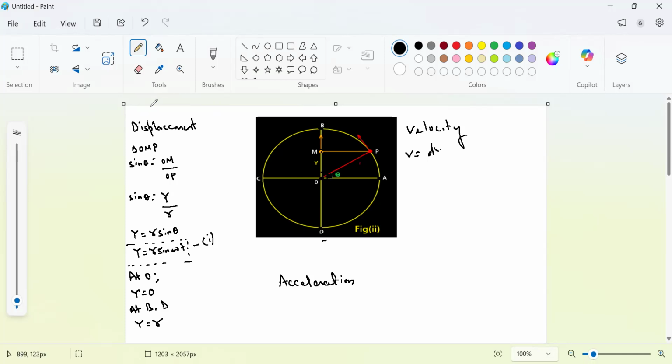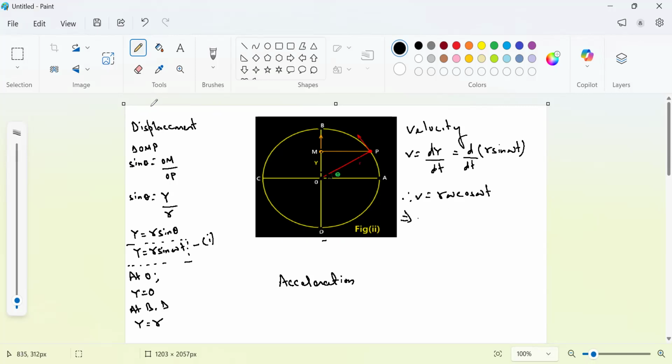So v equals dy by dt, and y equals R sine omega t. So v equals the derivative of R sine omega t with respect to time, and therefore v equals R, being constant, omega cos omega t.